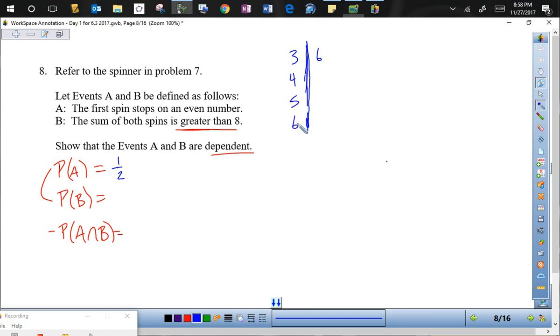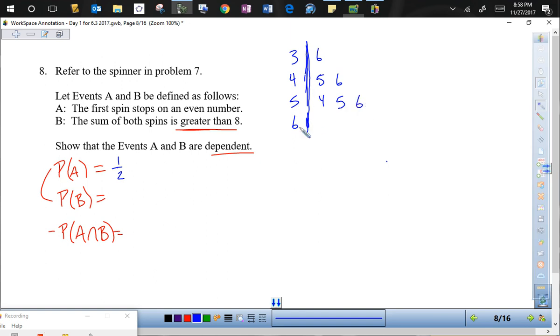And I'm going to pair those with all of the numbers I can possibly get. So 3 and 6 is greater than 8. 3 and 5, 4 and 5, and 4 and 6, I'm adding in my head here. Those are each greater than 8. 5 and 4, 5 and 5, 5 and 6, all of those are greater than 8.